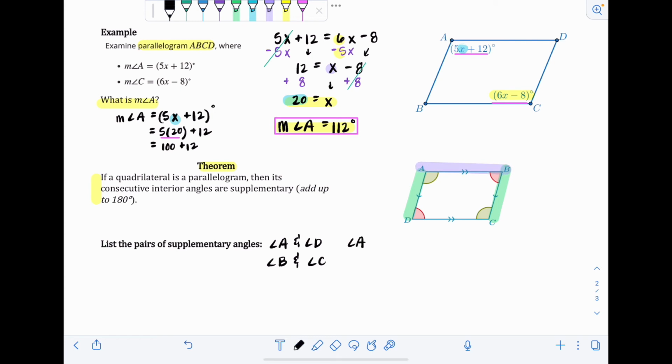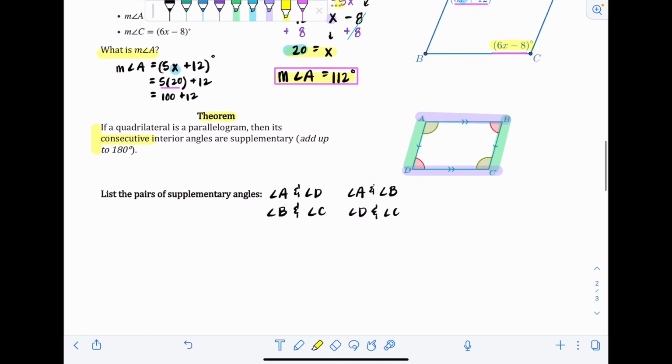So angle A and angle B. And then one more pair, angle D and angle C. And then just a reminder, consecutive just means next to each other. They're like two in a row, is what it means by consecutive.